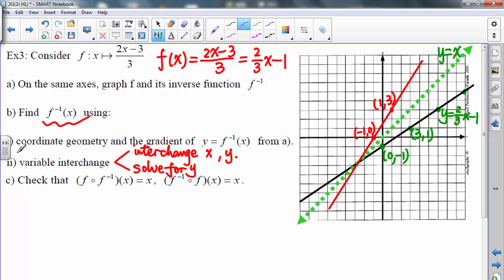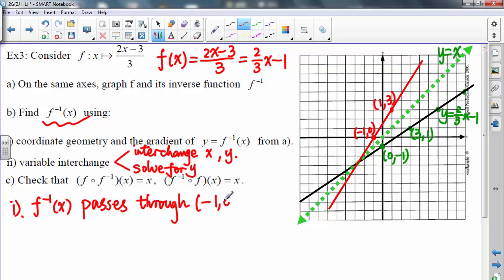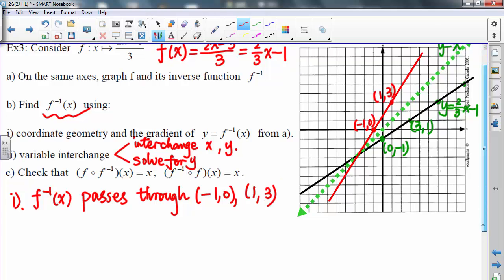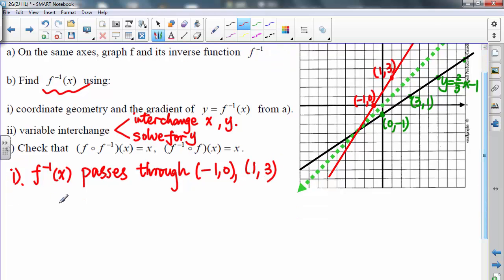Okay, so let's look at the first method. Since you know the inverse function passes through 2 points already. One is -1, 0. The other one is 1, 3. With these 2 points, I can find the slope.